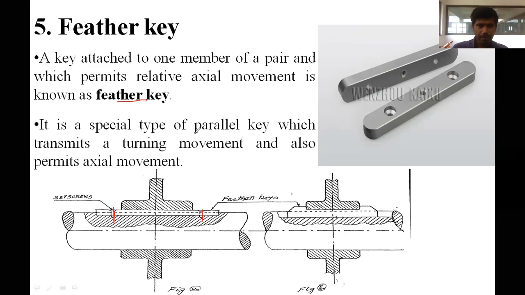It is a special type of parallel key which transmits the turning moments and also permits the axial movements. You can see over here that feather keys can move ahead, and you can also lock them at a particular point with the help of screws.